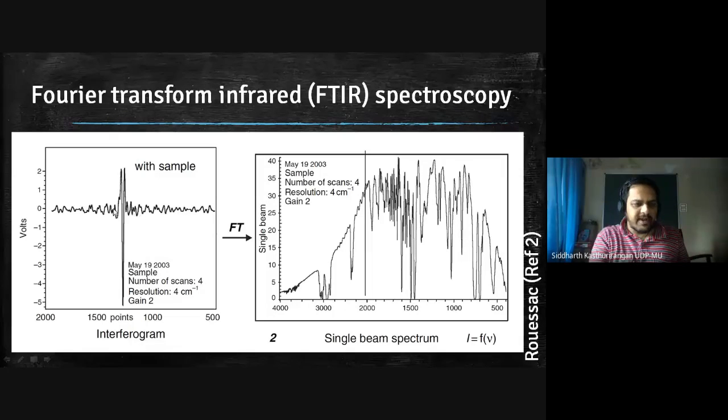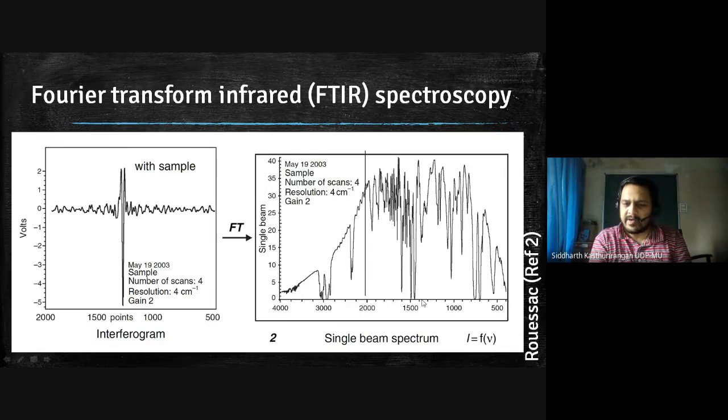And if you take a Fourier transform of this signal, what you obtain is this particular spectrum. Basically, this is a complicated time waveform. And what the Fourier transform does is it decomposes this into the sine waves which are present here, meaning which frequencies are present, which frequencies are absent, and then it plots. This is a function of wave number.